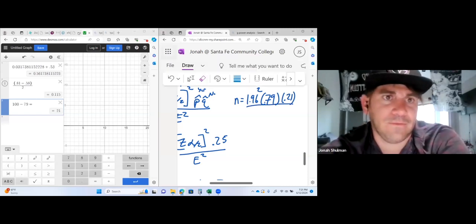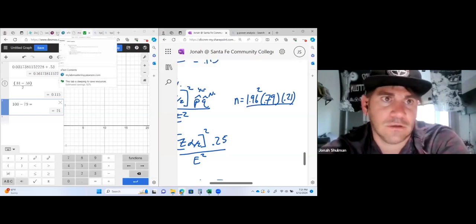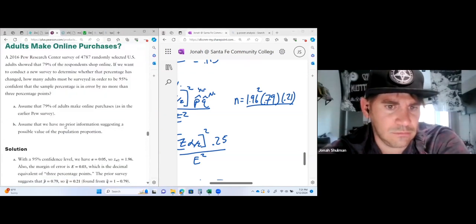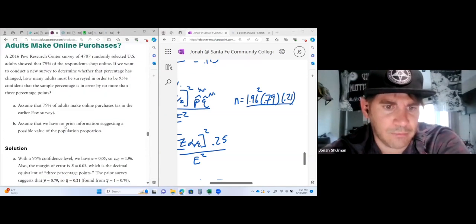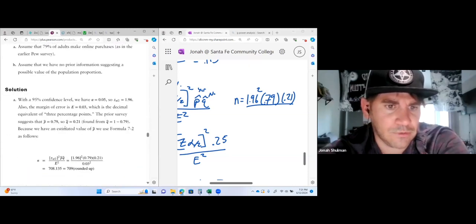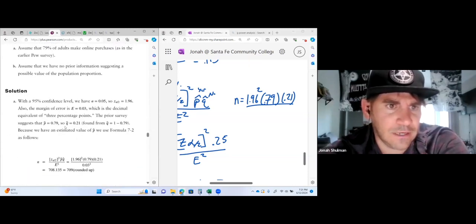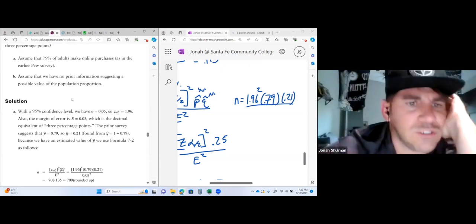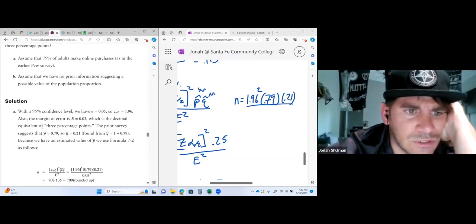Now, did they give us the error? Let's look at the question. What's our error? How'd they get the error? The margin of error is 0.03, which is equivalent to 3 percentage points.